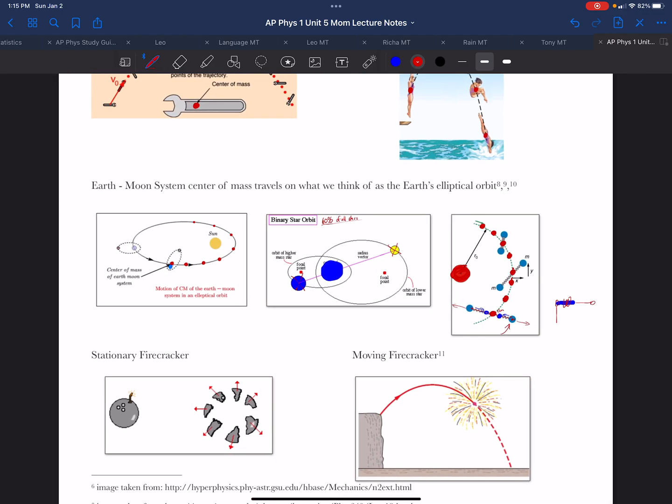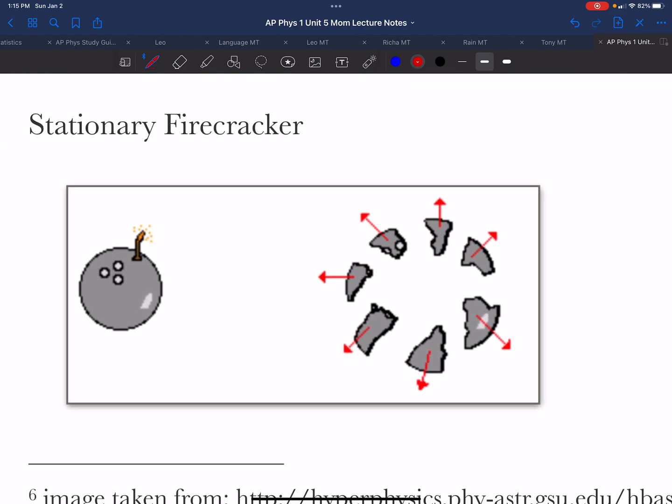So those are some cases. Now let's look at another one here. Here we have a center of mass. We can take this firecracker or this bomb and treat it as a point object. A point object is where all mass is located at the center of mass.